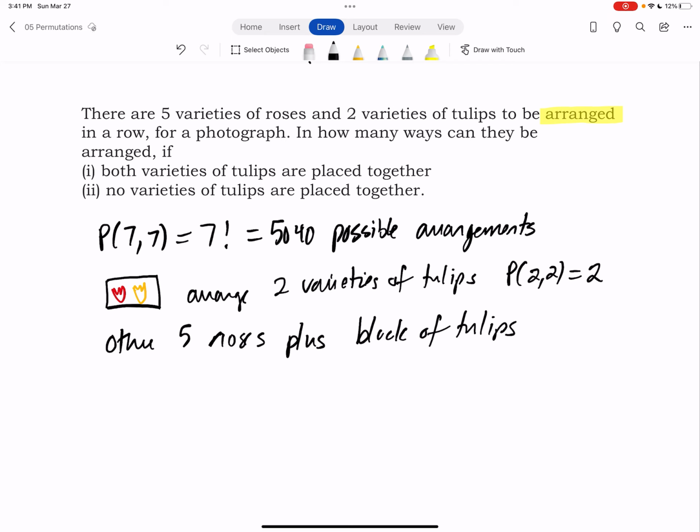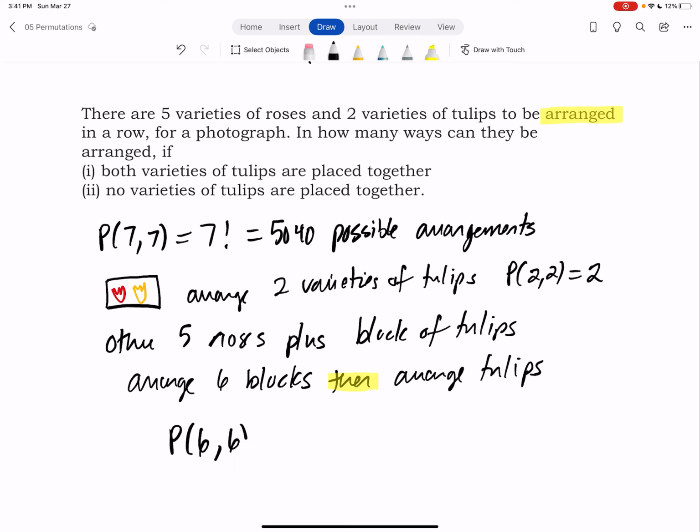So you're going to arrange the 6 blocks, which is the 5 roses plus the tulips, then arrange the tulips. And remember, then is kind of like the word and, right? So we're going to arrange the first 6, and when we say that word and, we multiply in counting problems, and then we're going to arrange the tulips.